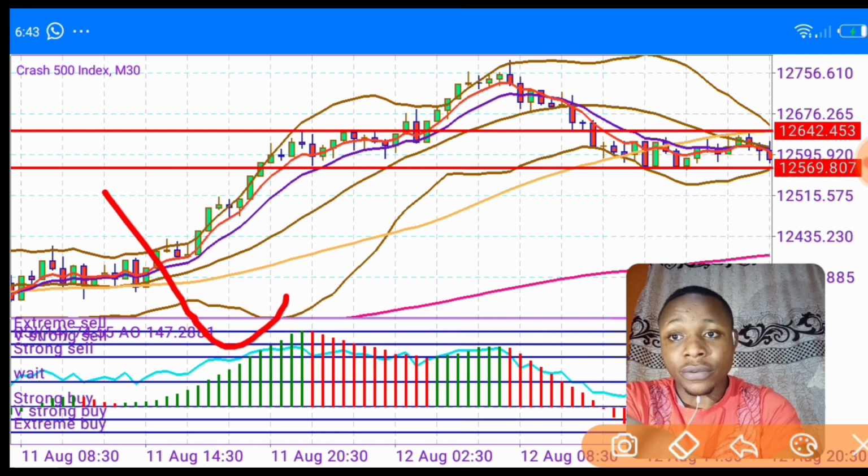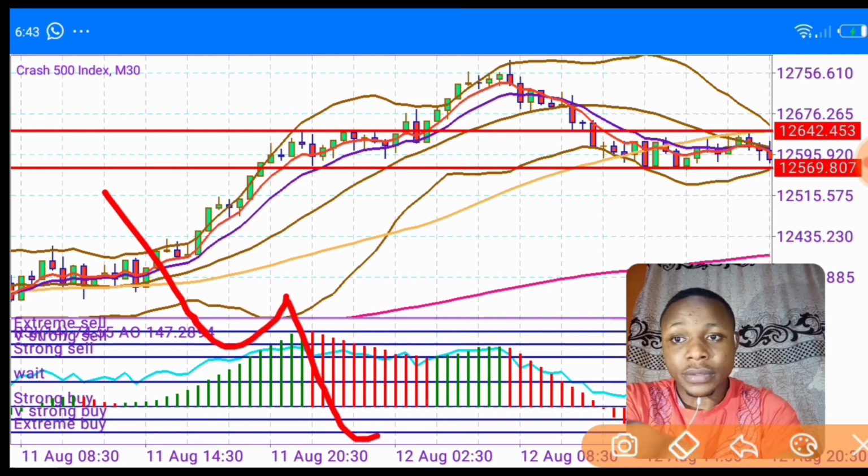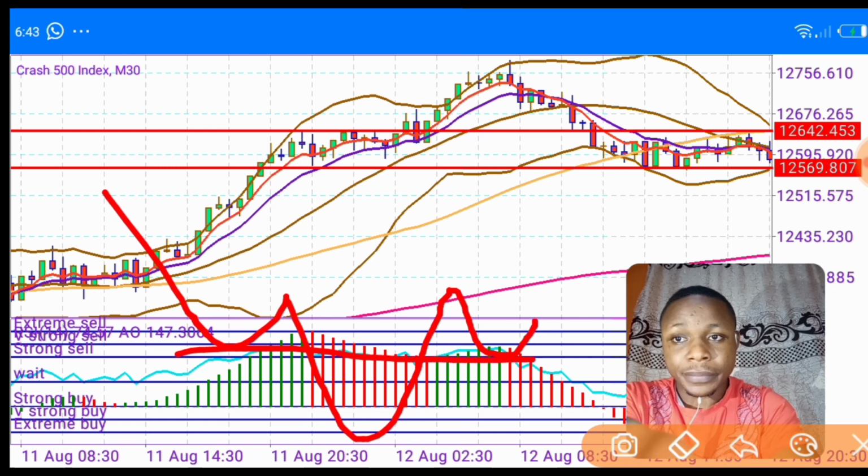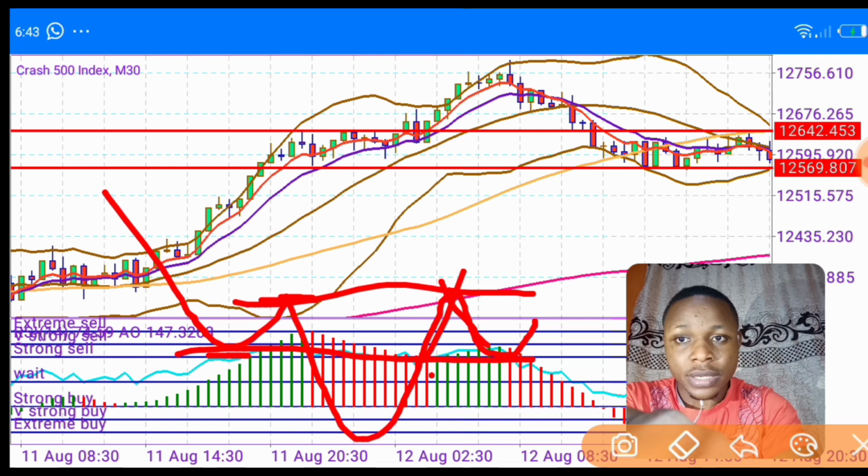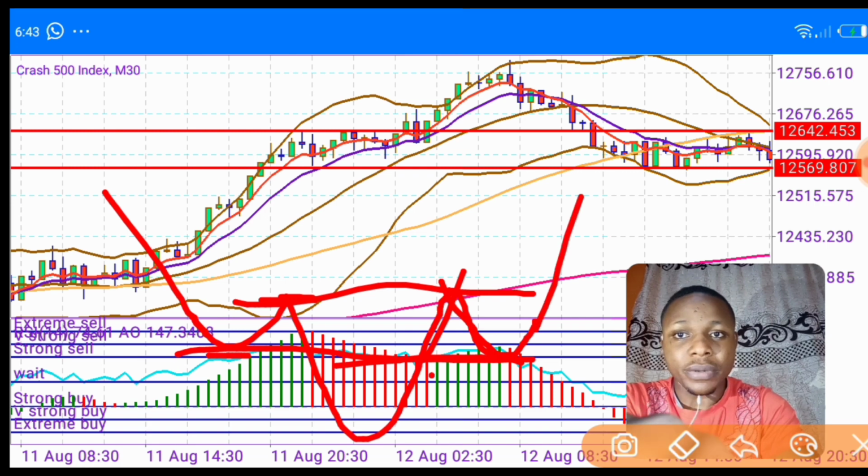Then the first shoulder formed, the head formed, the second shoulder formed. So it came back to break this support, then came back to respect this resistance, then came back again to respect the support it had once broken, then finally breaks out.